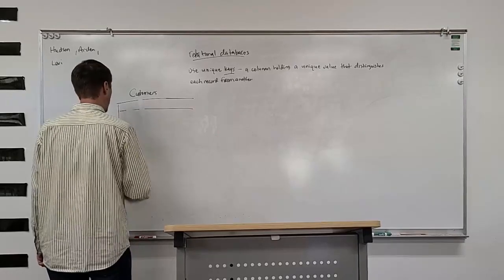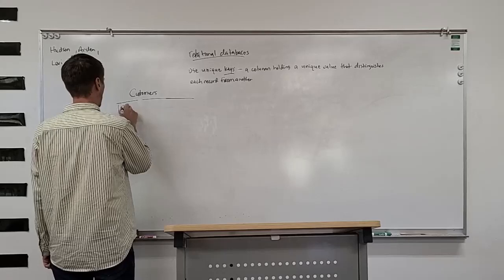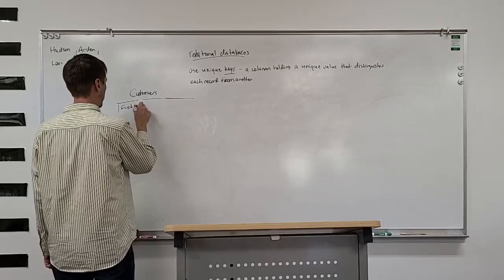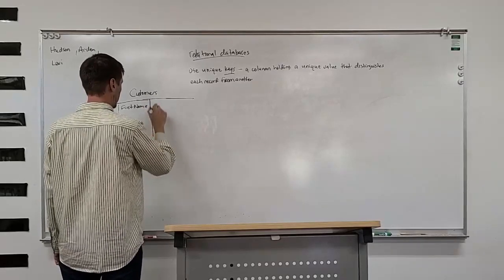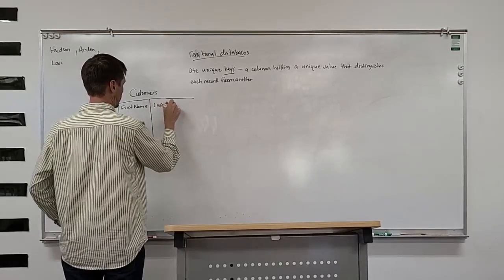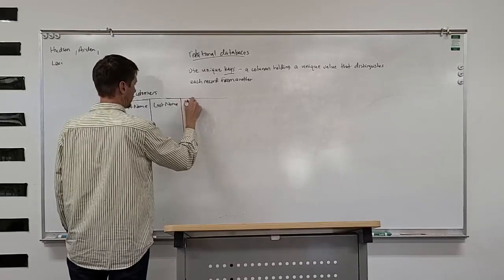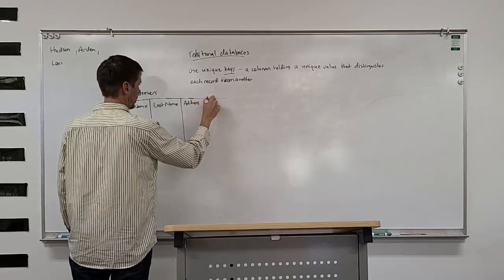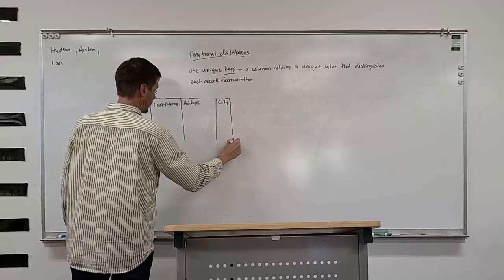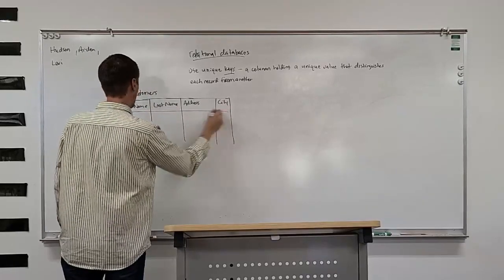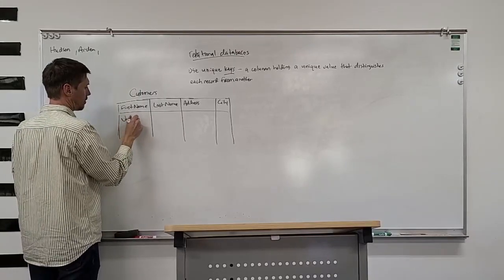I'm going to do first name, last name, address, city, whatever. You know, that kind of information. We could go on and on and on. And so I put down my information, and this is Jamie, right?